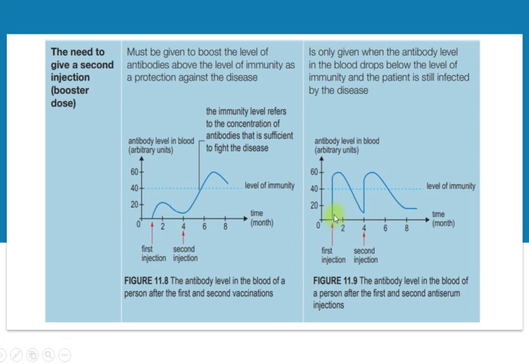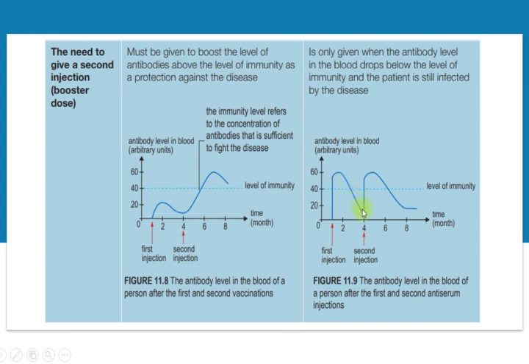After the first injection, the antibody level in the blood increases up to the level of immunity. But what happens? It will decrease again, because the anti-serum injection, or artificial passive immunity, does not give permanent protection. It's just temporary.